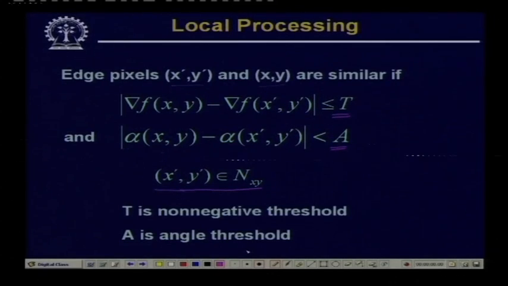So, this is the local processing technique. As we said, we are going for linking of the edge points, because the edge points are discontinuous, and normally the neighborhood size taken is small. If x dash y dash is not within the neighborhood of x y, then x dash y dash cannot be linked with the edge point x y.